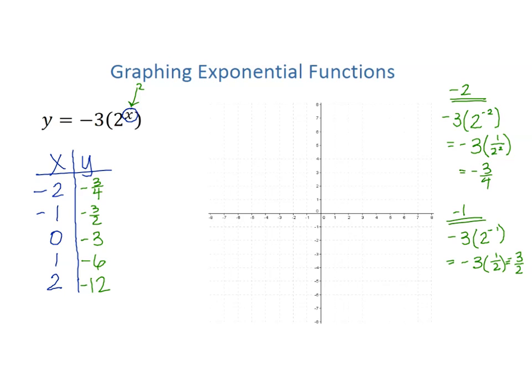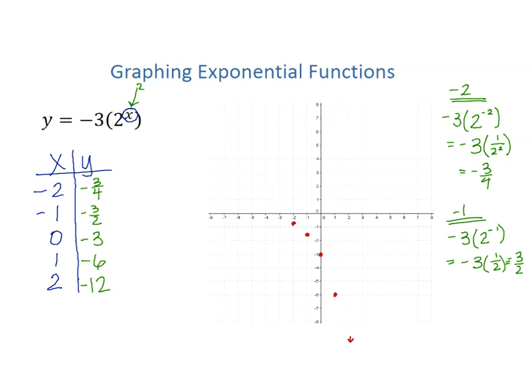Okay, so -2, -3/4 would be here. -1, -1.5 would be here. 0, -3, 1, -6. And the last one, 2, -12 would be off of our graph, but it would be down here somewhere.